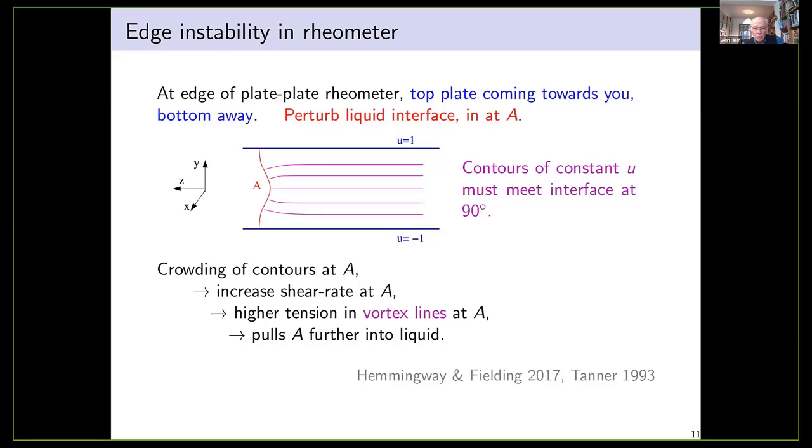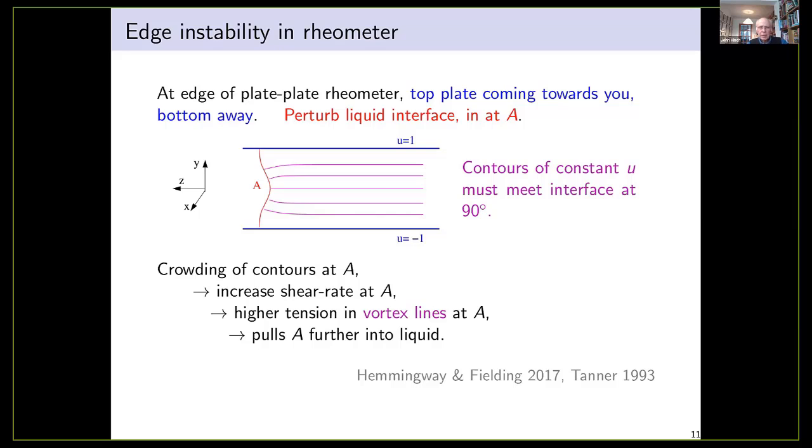If they met not at right angles, then there would be a component of the gradient of velocity u towards the interface, and therefore there would be a shear stress exerted by the liquid on the right on the air on the left, but the air can't stand any tangential stresses exerted on it, so you can't have that. Therefore the contours have to come into this interface at right angles.